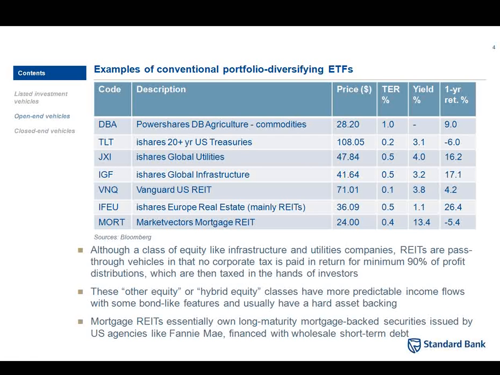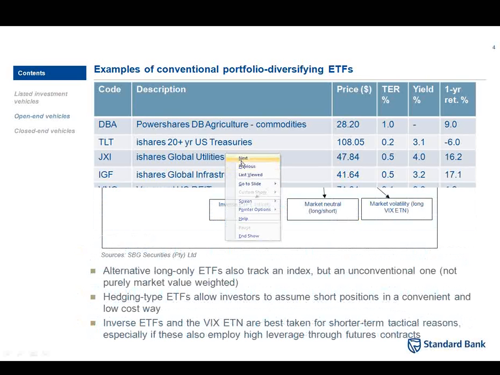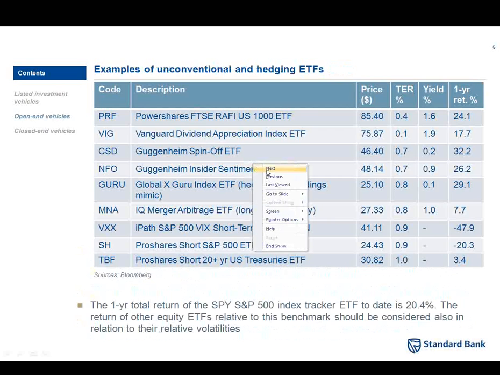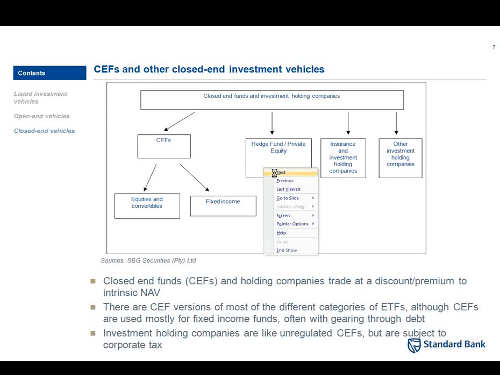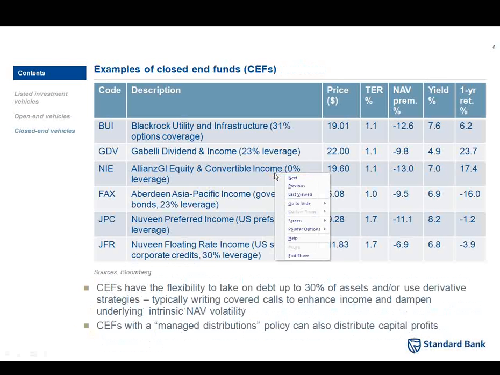I'm trying to go back to show you one. Anyway, I think earlier I showed a Vanguard dividend growth one, and that has an extremely low expense ratio of 10 basis points, 0.1.